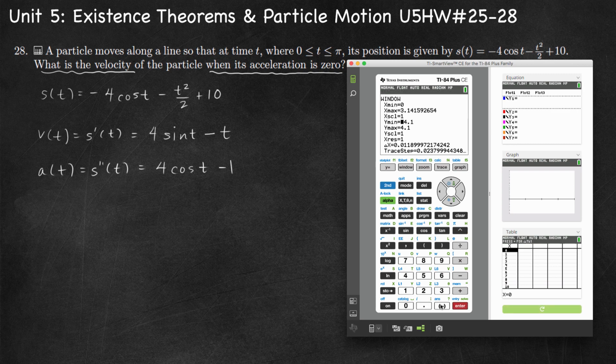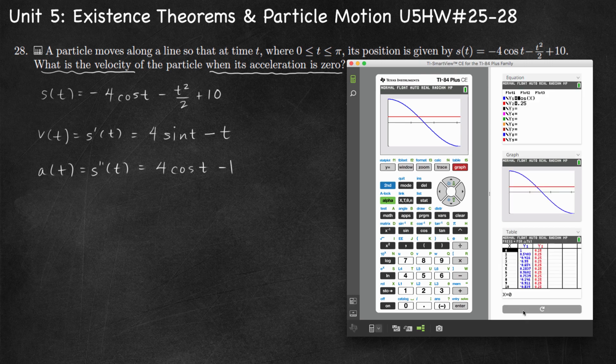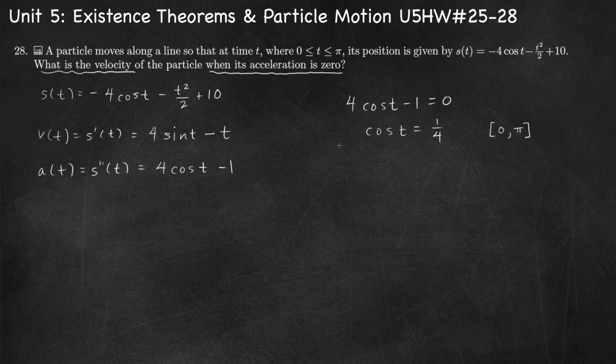And then y min, y max, I was going to go for -1 to 1. So I'm only looking right now on the interval from 0 to pi, and I only have one point of intersection there. So that's the only one that we need to find. Second calc, intersect, enter, enter, enter, and I've got 1.318.